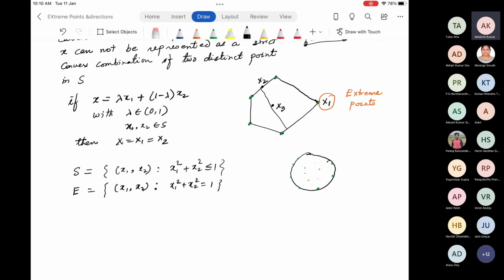A simple linear programming example: suppose S equals x1, x2 such that x1 is less than or equal to 4, 2x2 is less than or equal to 12, 3x1 plus 2x2 is less than or equal to 18, and x1, x2 are greater than or equal to 0. I'm giving the winter class example only.